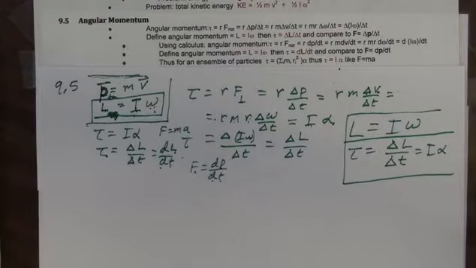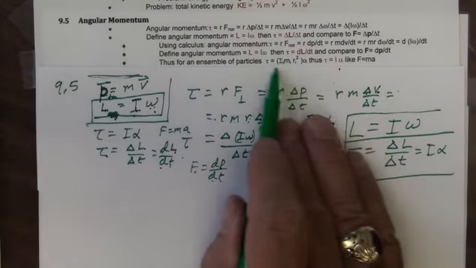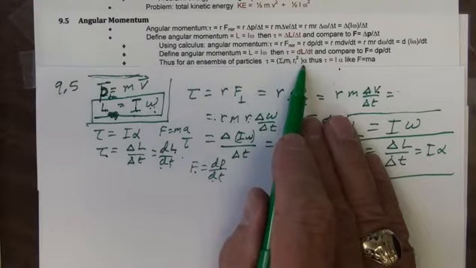If we have an ensemble of particles, then it really doesn't matter, because you recall their alpha is all going to be the same.